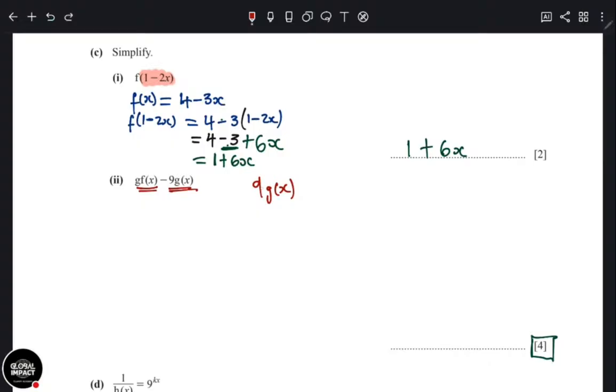It's 9 times g of x, obviously. So now we are going to subtract them. So we need to find them. We'll find this, then we subtract them, right? Remember, if they say they want gf of x, we know what to do.